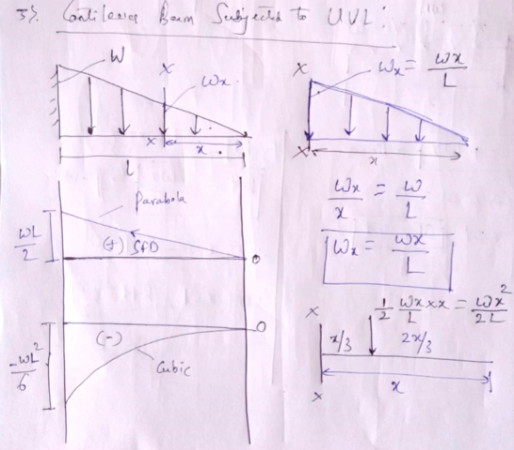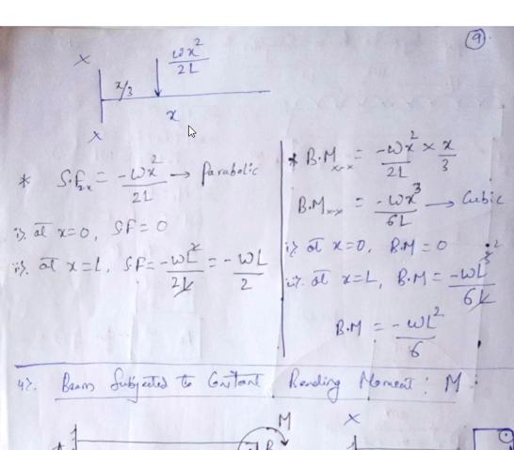Okay. Now using this diagram, wherein we are having force and a distance, I can derive shear force and bending moment equation. For deriving shear force and bending moment equation, I have considered the same diagram here. Load is W x square by 2L at a distance of x by 3 from section XX, and total length is x.